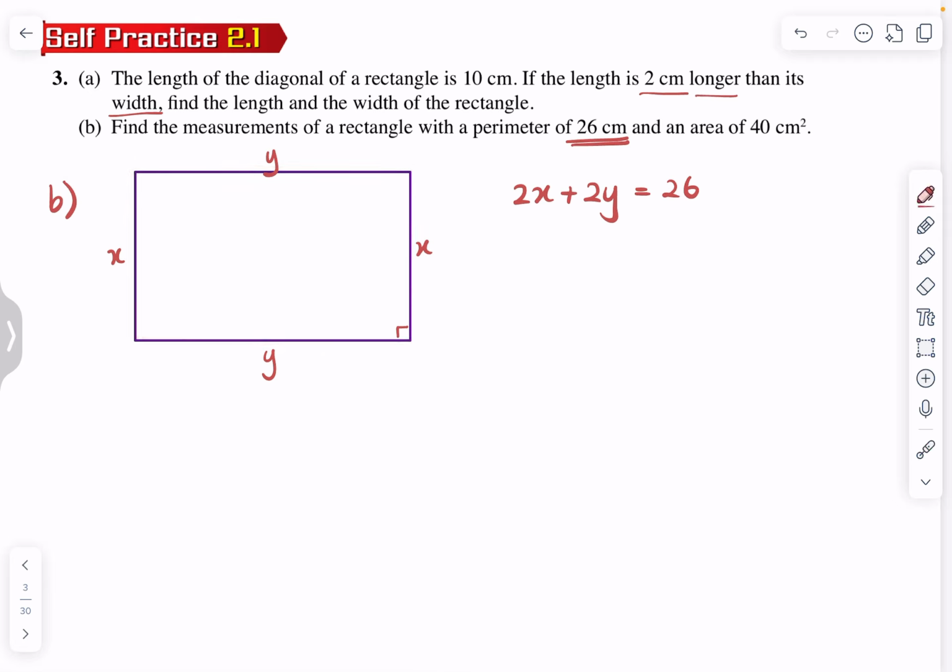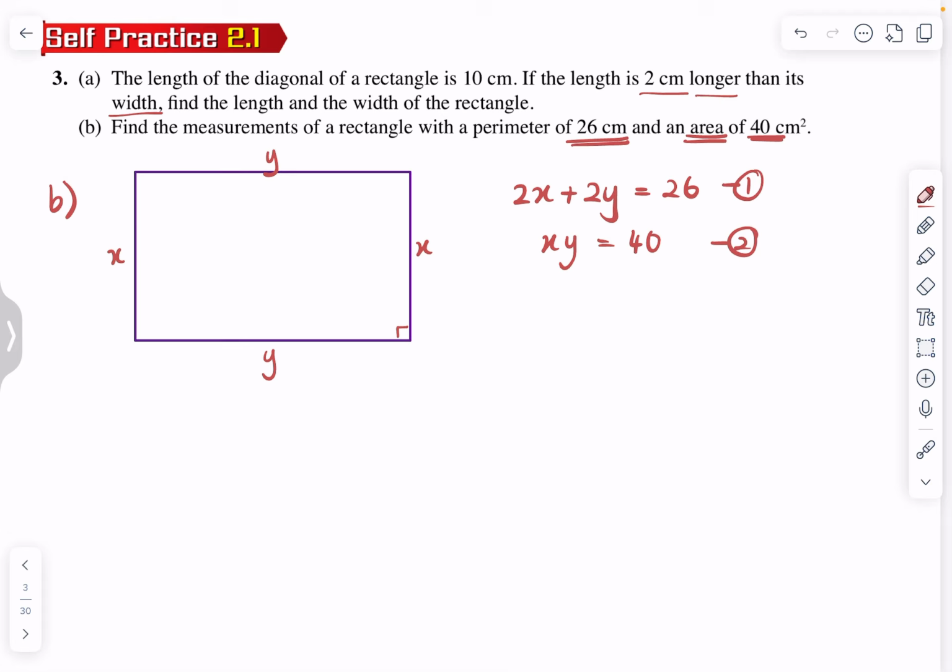So we get 2x plus 2y is 26. Okay, this is our first equation. And then they said area is 40. So area of a rectangle will be x times y. 40. This will be our second equation. So we have to solve this simultaneously.